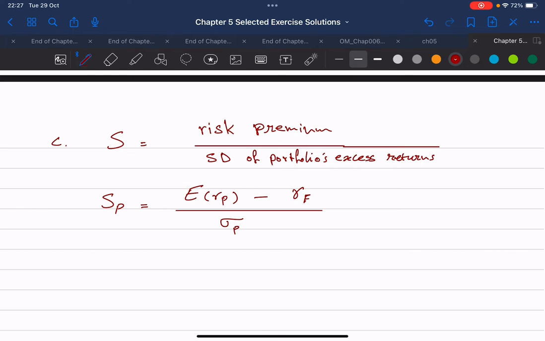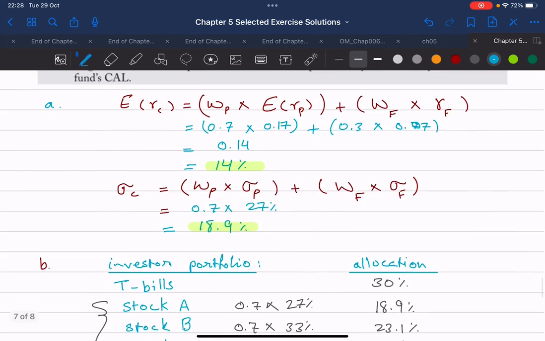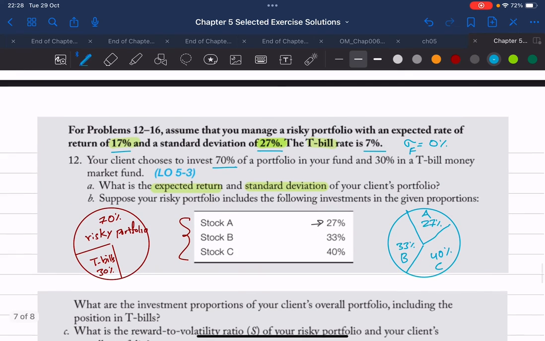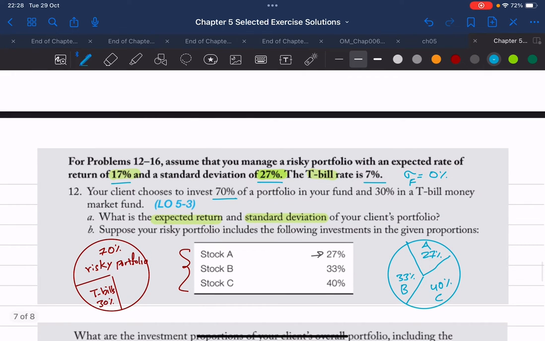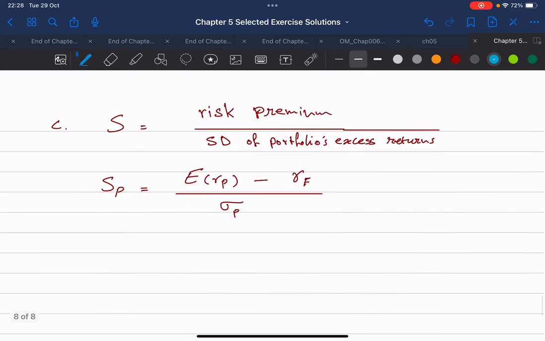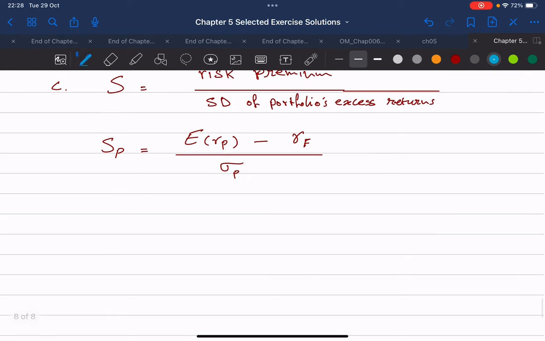Okay, all we need to do now is just substitute. The expected return on the risky fund is 17%, right? And the risk-free rate is 7%. So in the numerator, we're going to have 17% minus 7%, and the standard deviation is 27%.